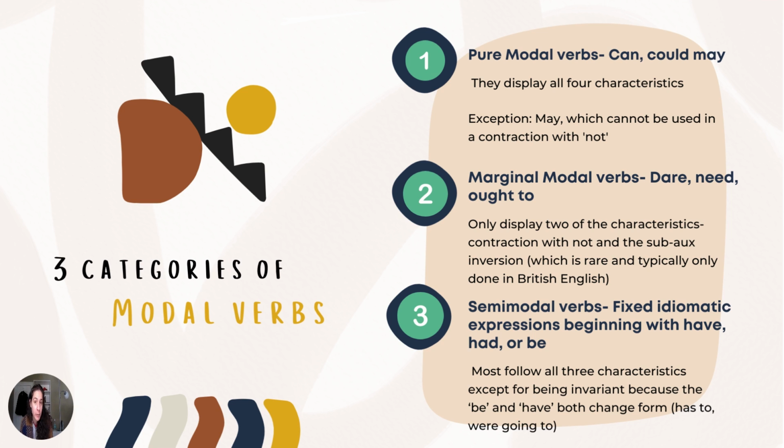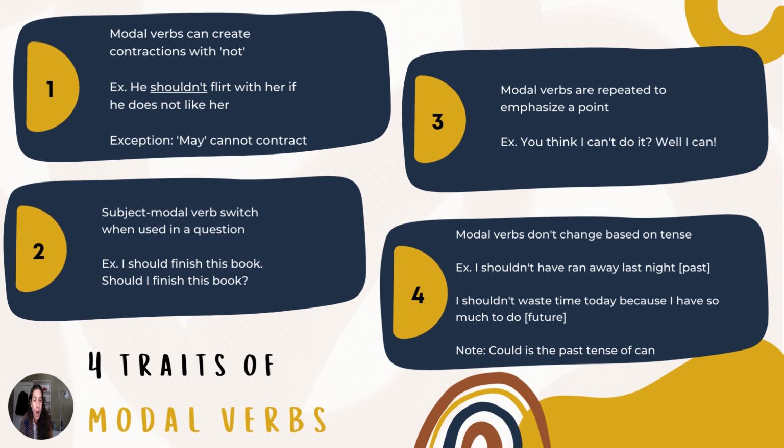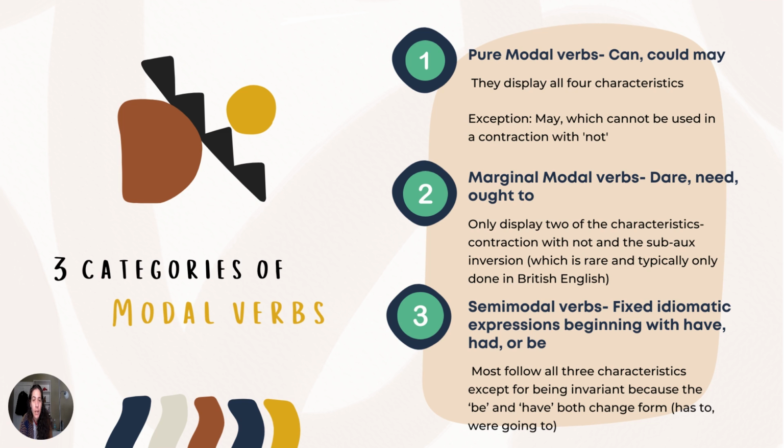We have pure modal verbs, can, could, may, which display all 4 of these traits. May, which we discussed, does not, that is an exception because it can't be used as a contraction with not.